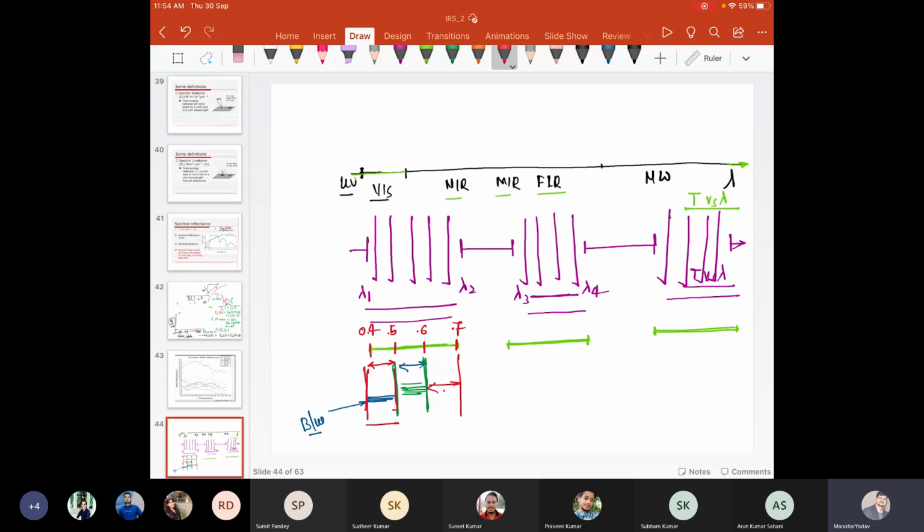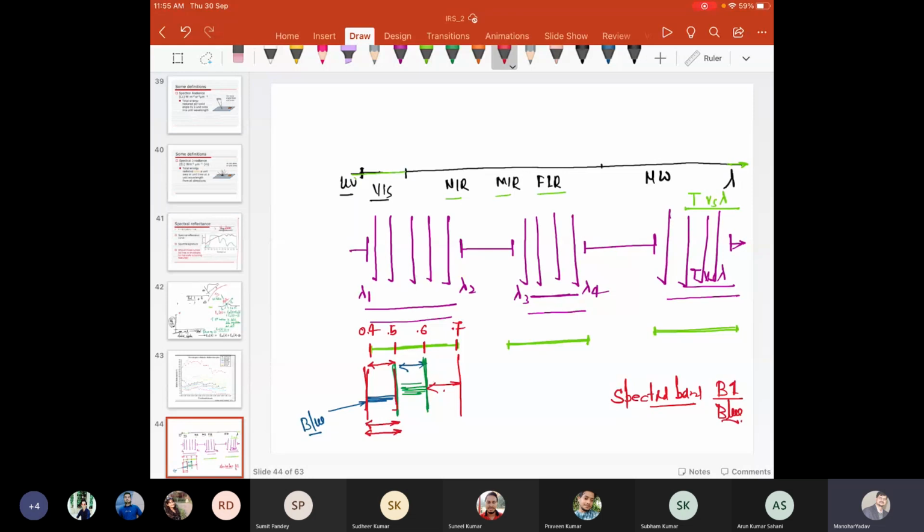In blue, we can design one spectral band. It is called the blue band. One sensor can be designed to sense the energy within 0.4 to 0.5 micrometer. So this is the range when we define spectral band B1. Let's say this is spectral band B1 and it is blue.